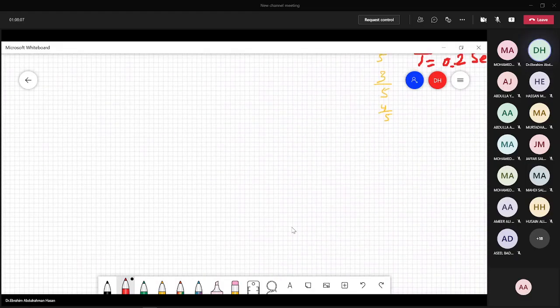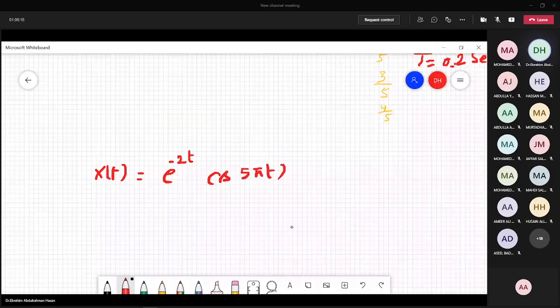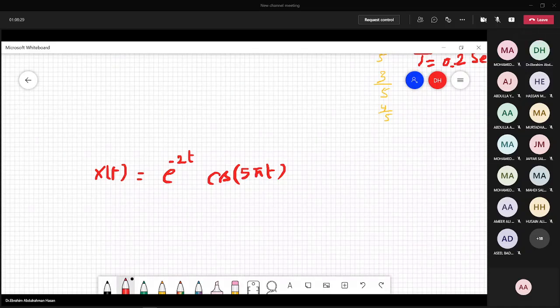Okay, what about this, x of t equal to e to the power of minus 2t cosine 5 pi t? Is this one periodic? No, doctor.